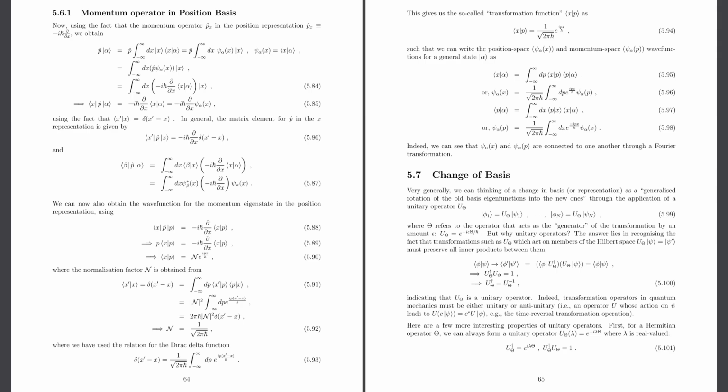Okay? So this transformation function now will allow us to do the following. To start with, some general state alpha, which I am representing in real space. So this is my psi alpha of x. This is a real space wave function.